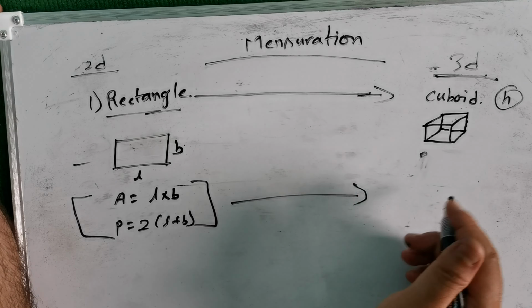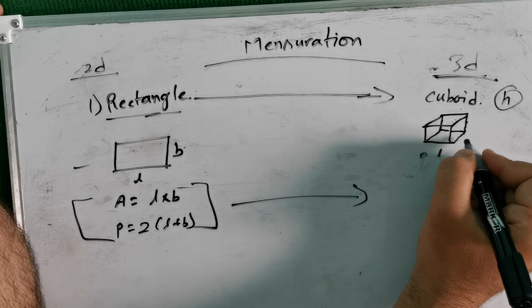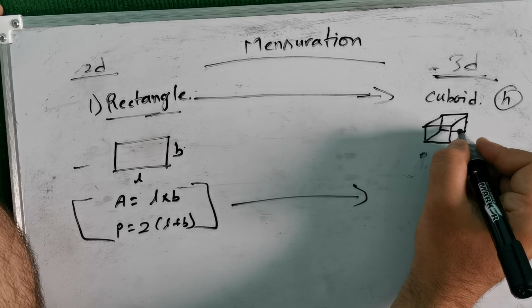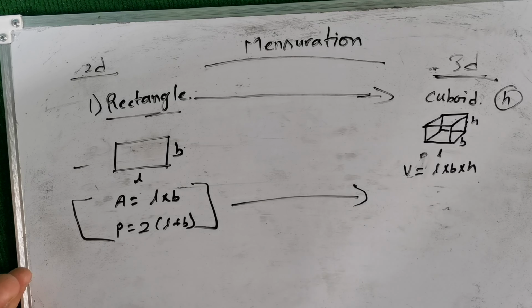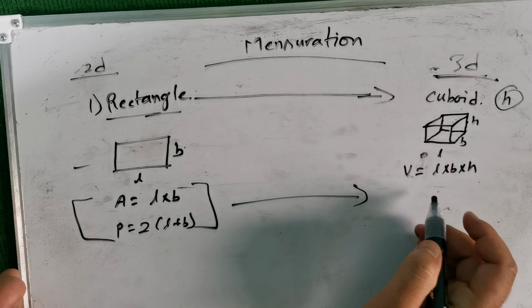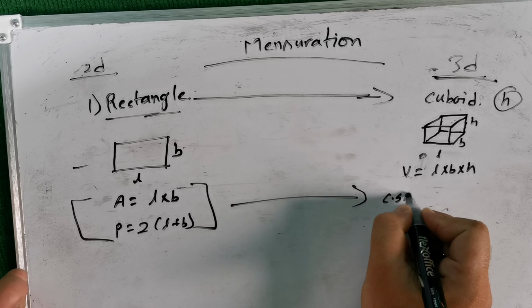L, B and H. What is the volume of cuboid? L into B into H. And what is the value of curved surface area?